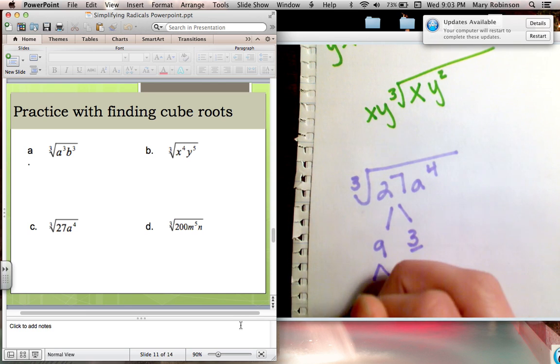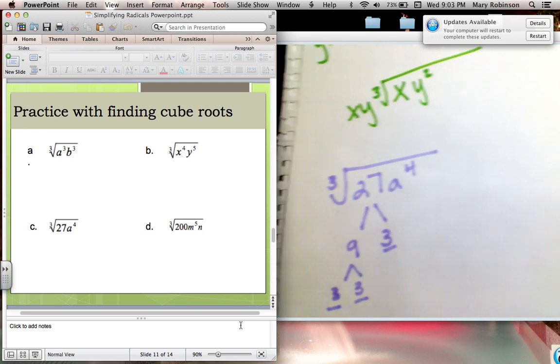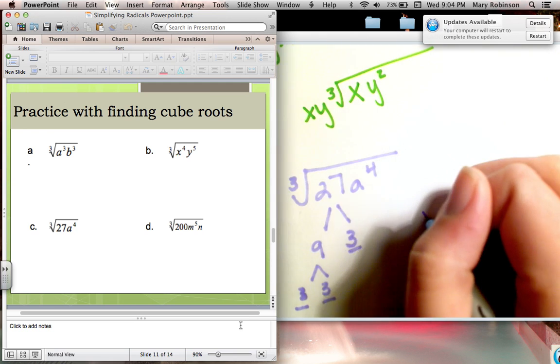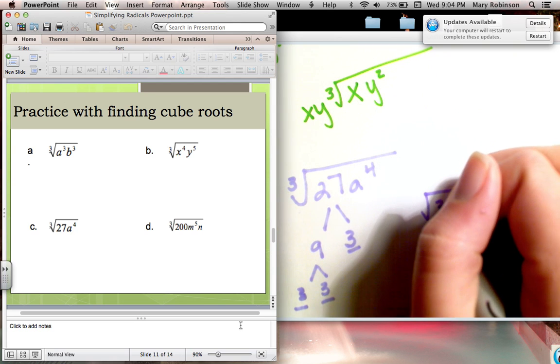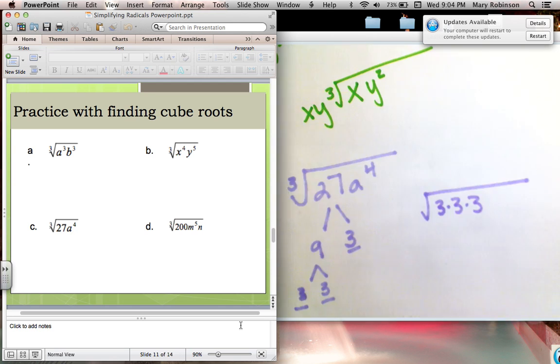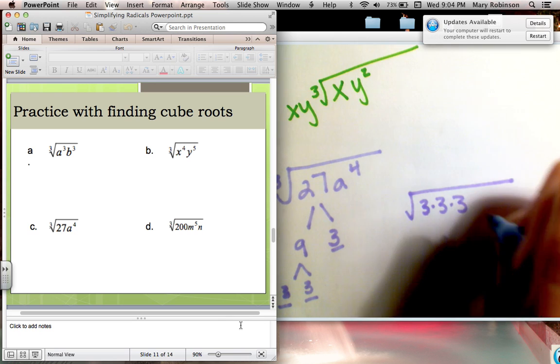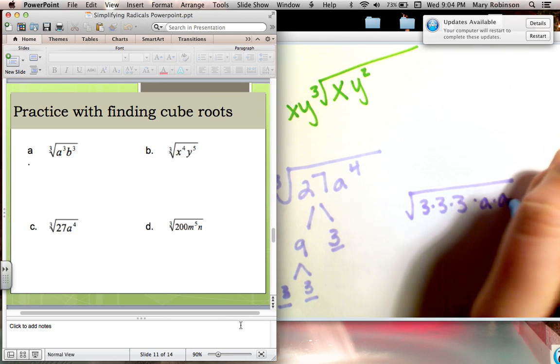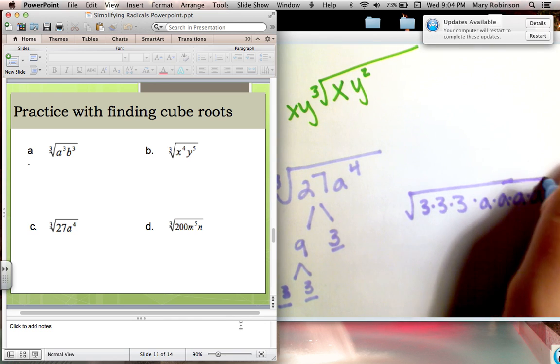And 9 breaks down to 3 times 3. Okay? So when I write my prime factorization, I have 3 times 3 times 3. And then I have a to the fourth, so times a times a times a times a.